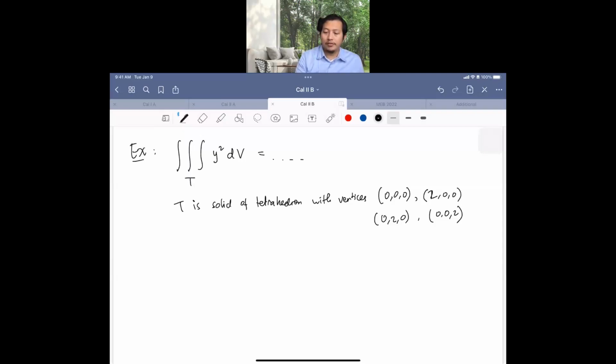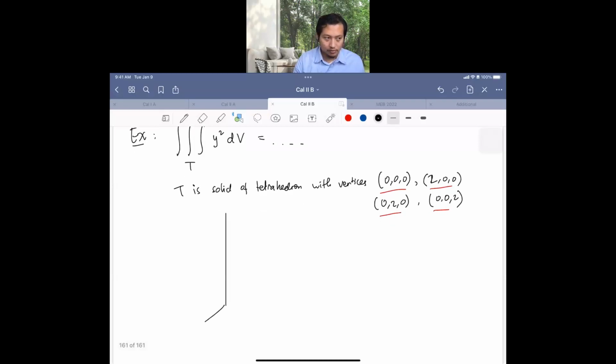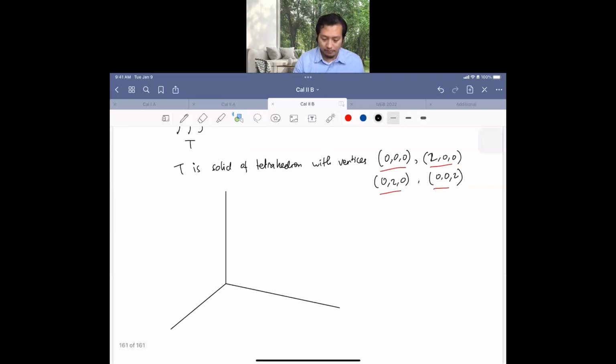So at least, the first thing we can do is draw all these vertices and draw the tetrahedron, right? Let me just draw for you here. Start from 0, 0, 0, and then all the cross points will have the units too.